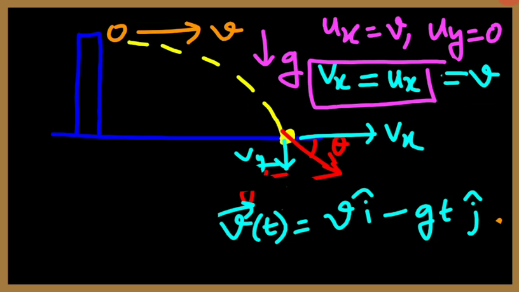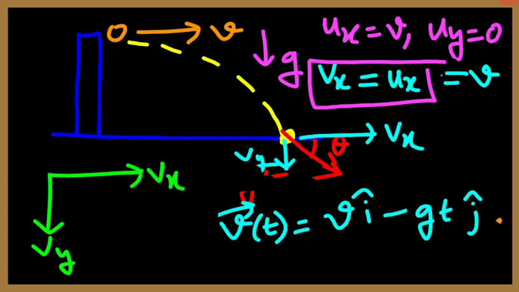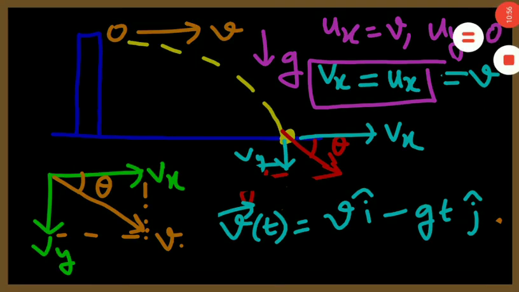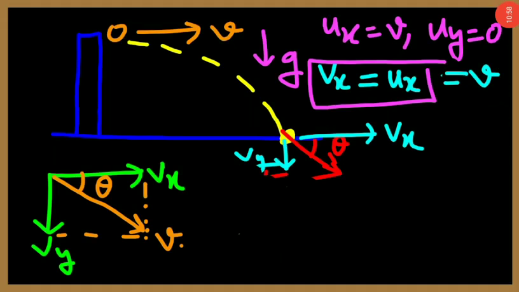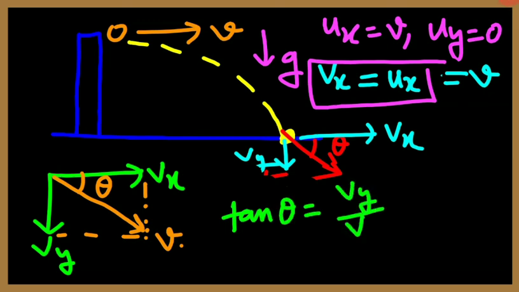Let me draw it again. This is Vy, this is Vx. The resultant will be here like this, and this is V. The angle it is making here is theta. So this is nothing but tan theta is equal to Vy by Vx.